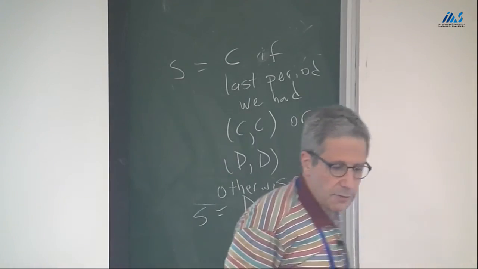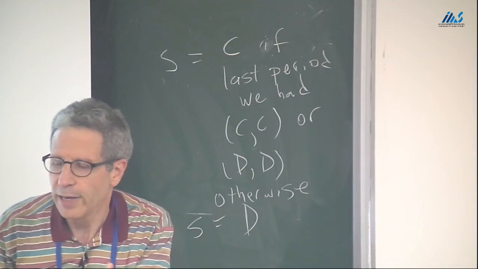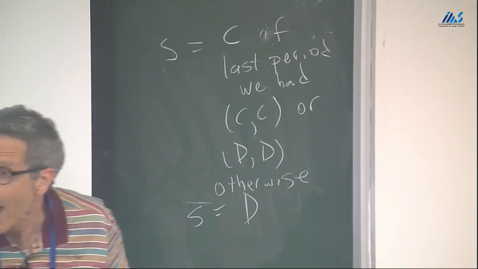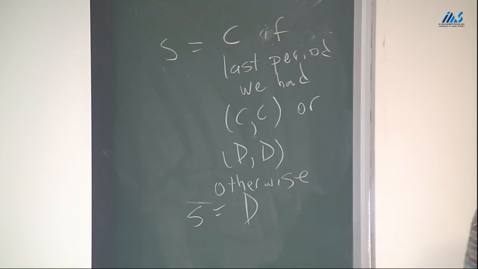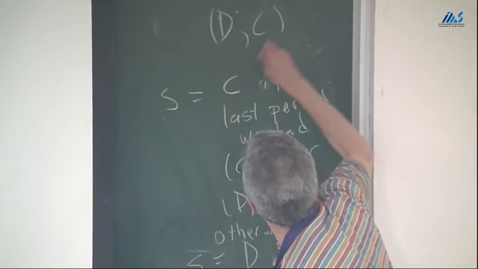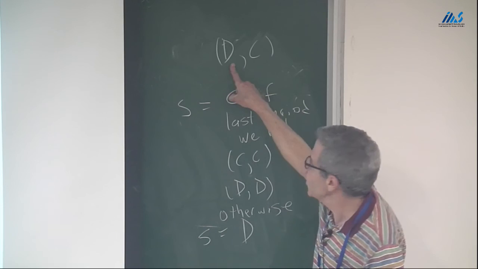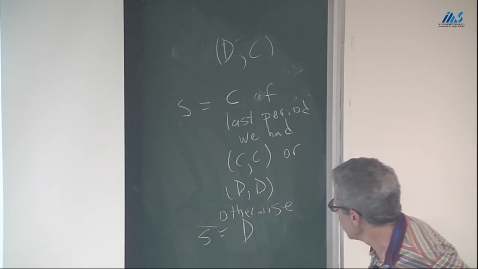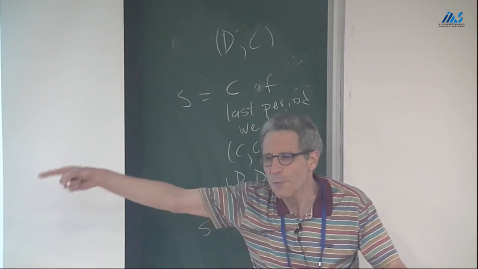Notice that this is a very good way of punishing someone. If players are going along cooperating and someone deviates, say by accident, as will occur occasionally, in the period of the deviation, we will have, with high probability, one player playing D, the other player playing C. According to this strategy, the next period, both players will play D. But the following period, they'll go back to cooperating again.